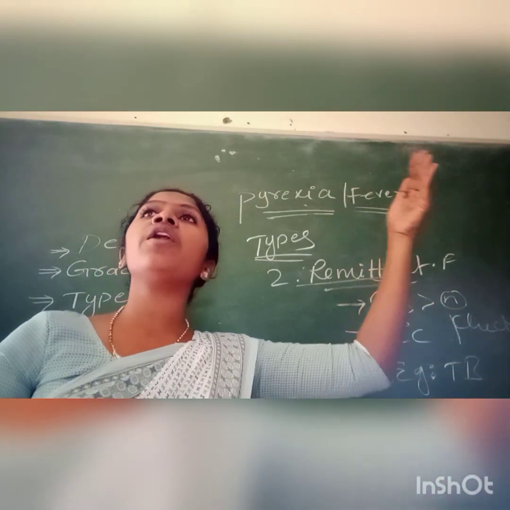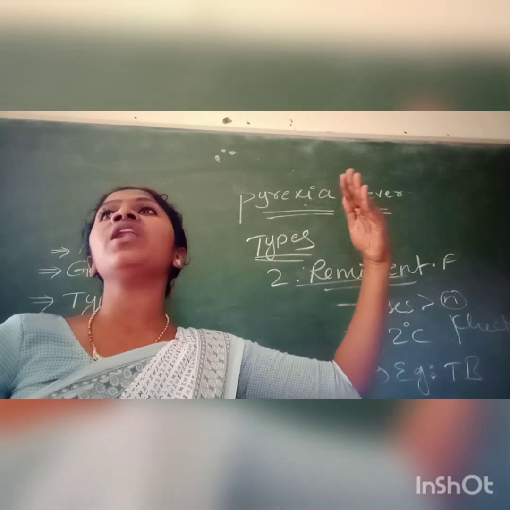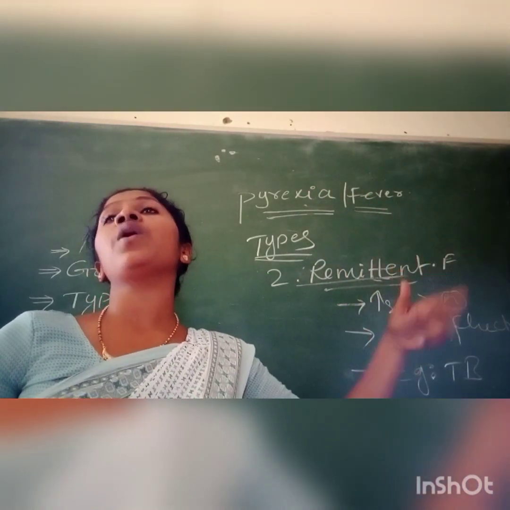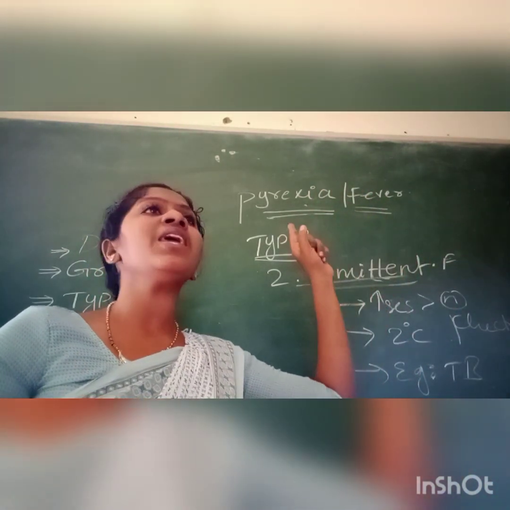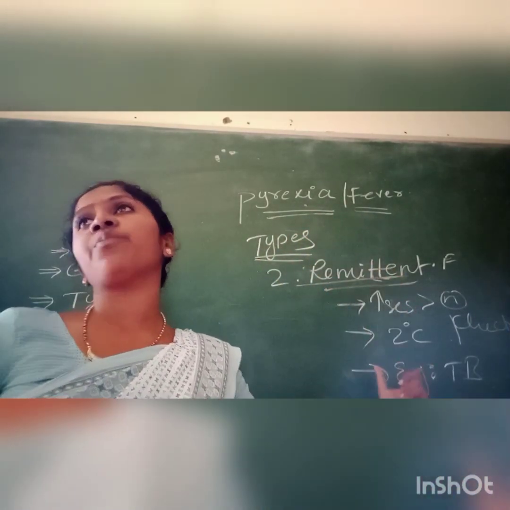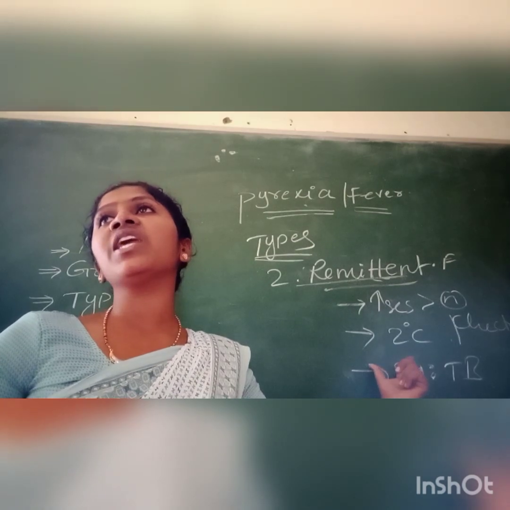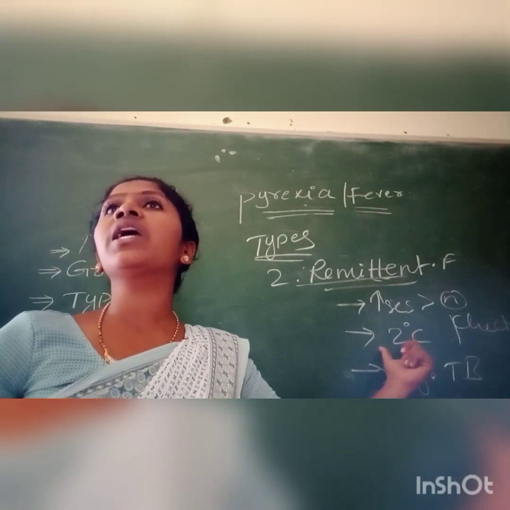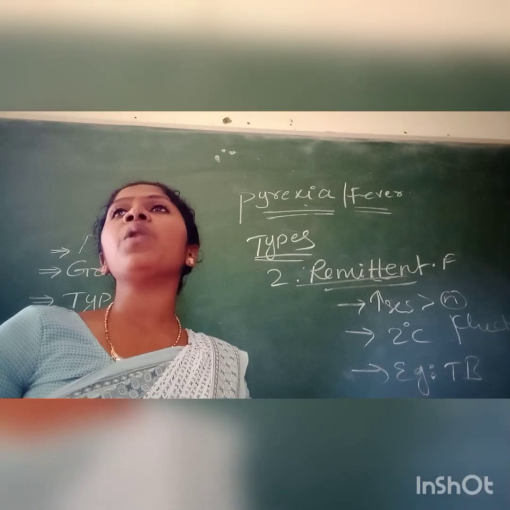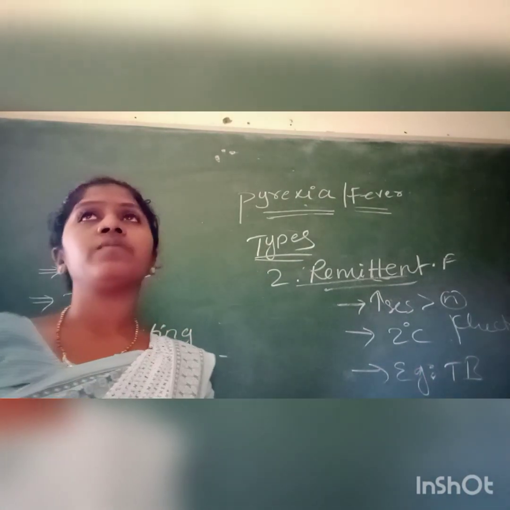The fluctuation between morning and evening is around 2 degrees Celsius, whereas in continuous fever it was only 1 degree Celsius. An example of this is tuberculosis, TB.